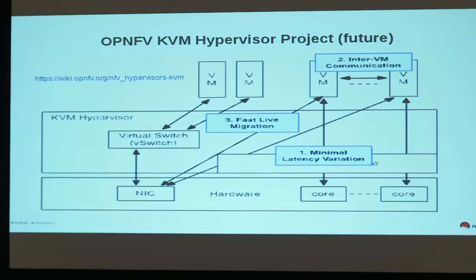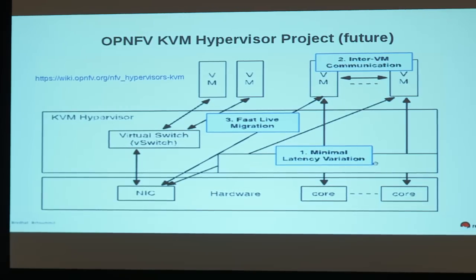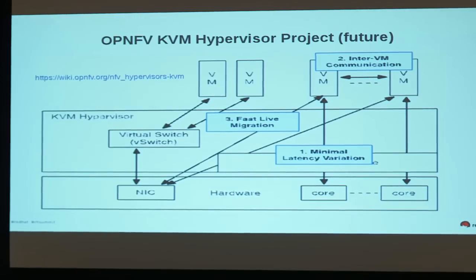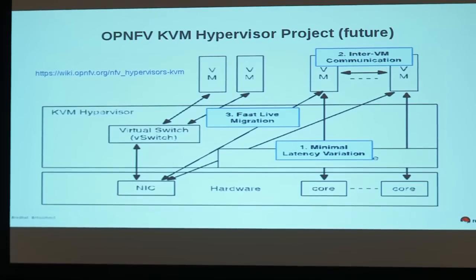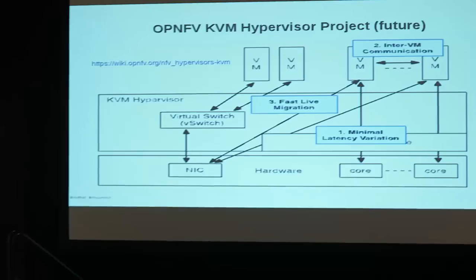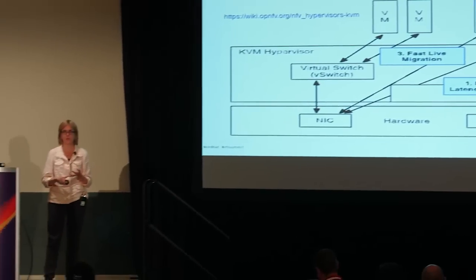And the third one is fast live migration. We've already been doing a lot of work to make live migration faster. Intel is starting to jump in. Intel traditionally has done work only for their chips in the kernel. We've been doing the QEMU work. Now they're starting to do work with QEMU to make live migration faster.